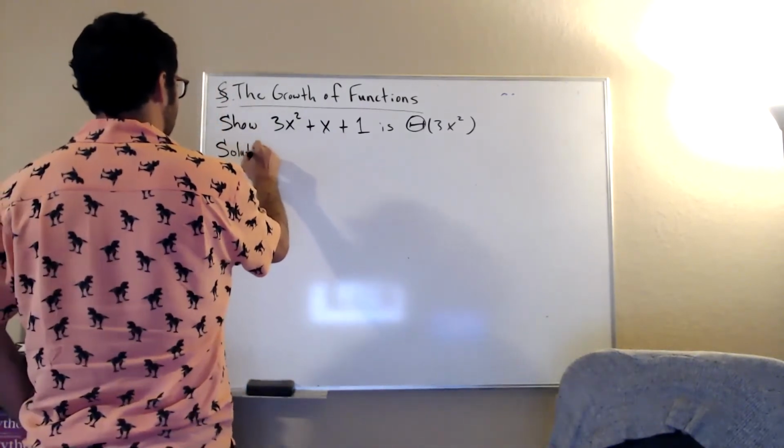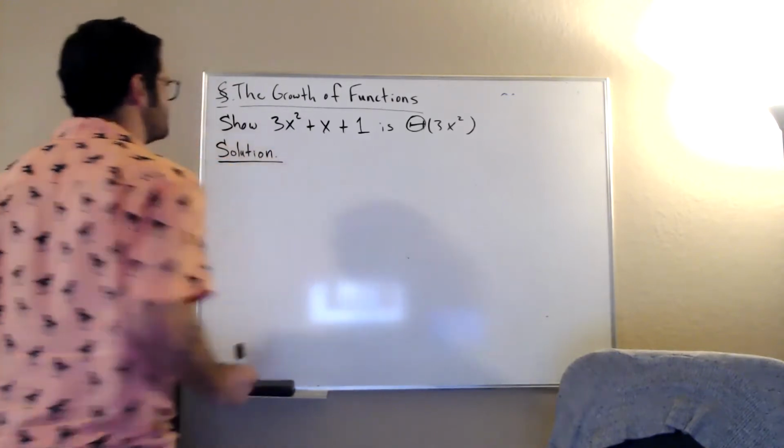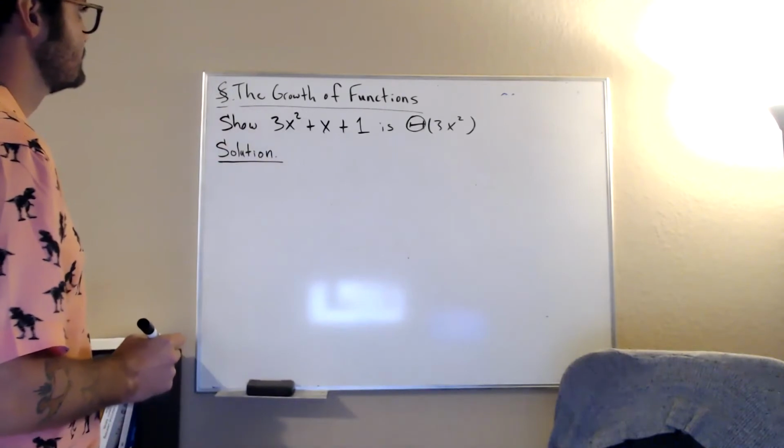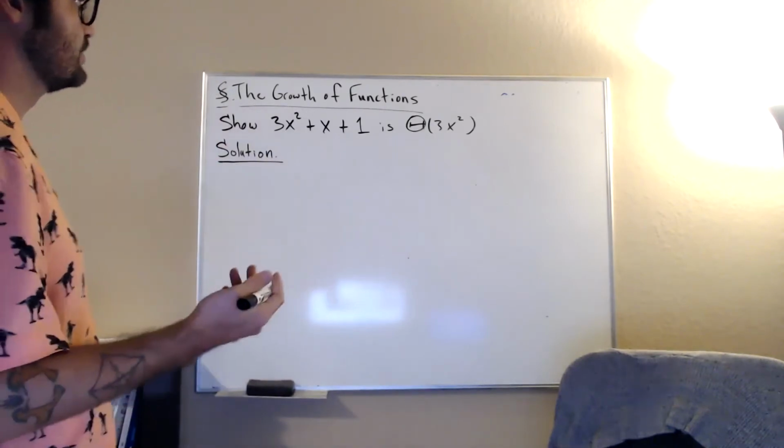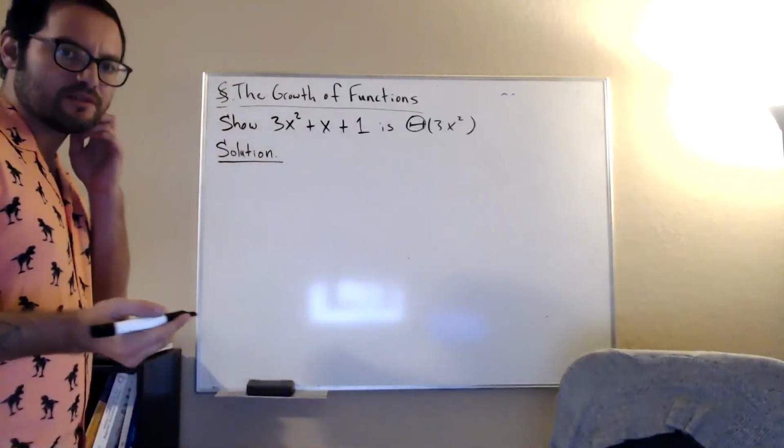To do this, we need to show that it's big O of this function and also show that it's big omega of that function.